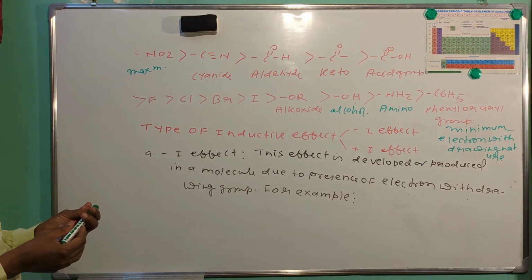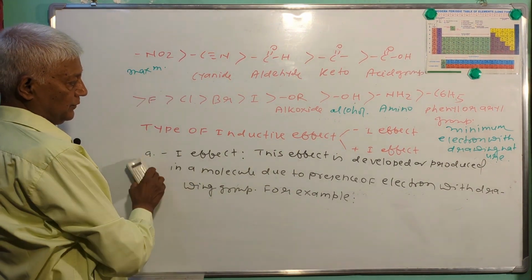These all are examples of electron withdrawing groups.